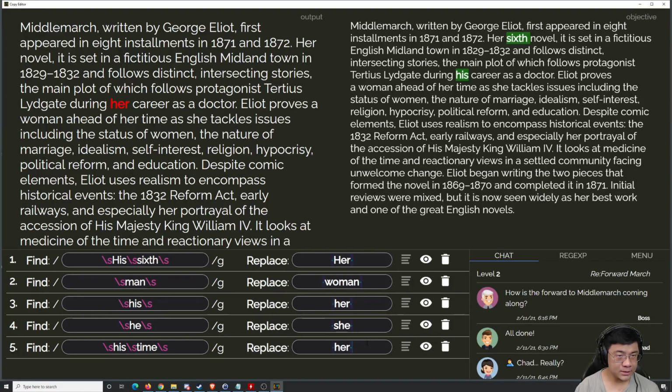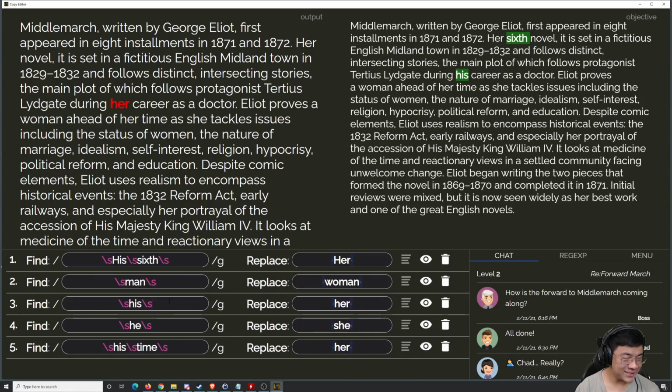So what's missing? So that "her" should be a "his" up there, like "during her career." Oh, I see. Okay. So which one is that? That's this rule. But this rule is also fixing some of the other ones, so you just need to get another out of rules.